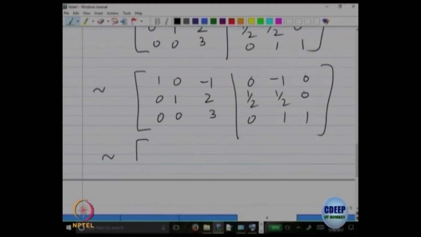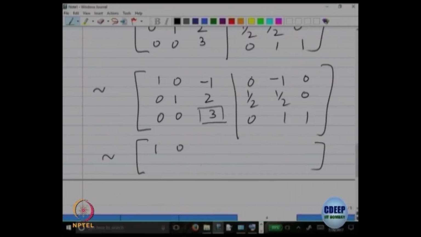So, let us write now equivalent to, what should be my next step? I should be looking at this part of the matrix. Up to here I have column 2, I have done it. So, for that only 3 is there, which is a non-zero entry. So, that is a pivot. I should make that pivot equal to 1.